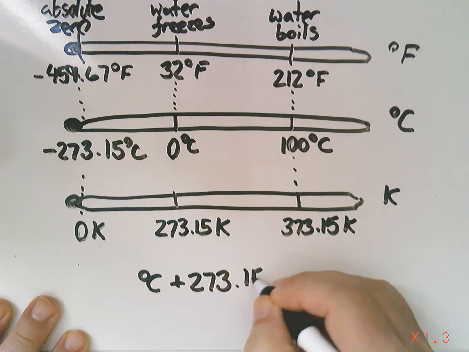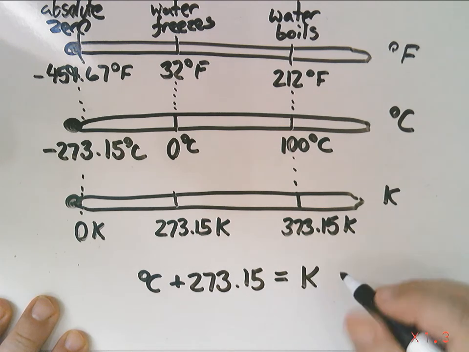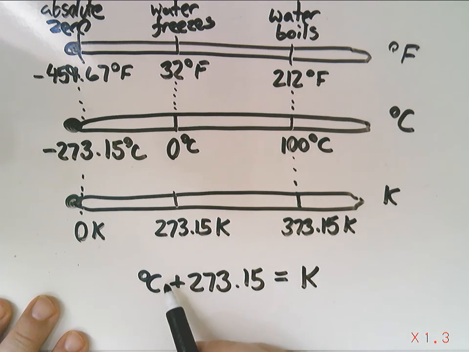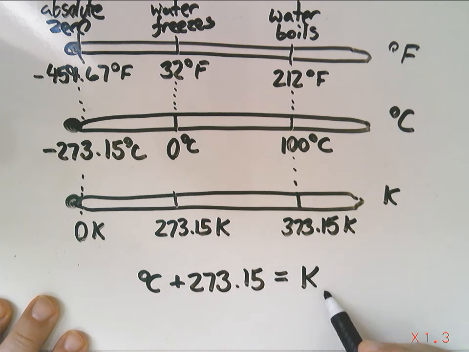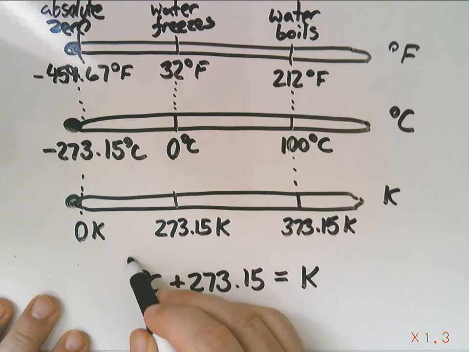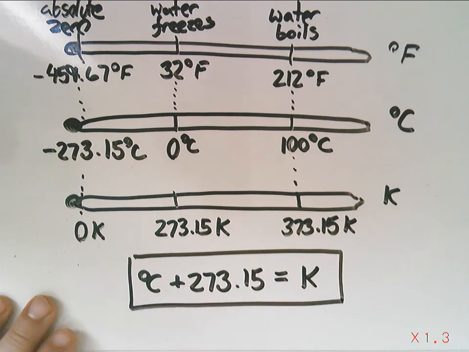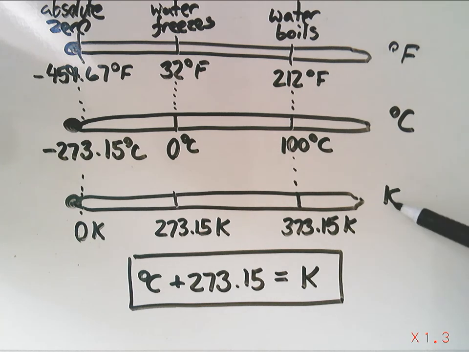Now, you can make that into an equation. If you want to take a temperature in degrees Celsius and turn it into a Kelvin temperature, you can just add 273.15 to it. I'm going to put a box around that. That's something worth remembering. We're going to have to use the Kelvin scale in a later chapter.